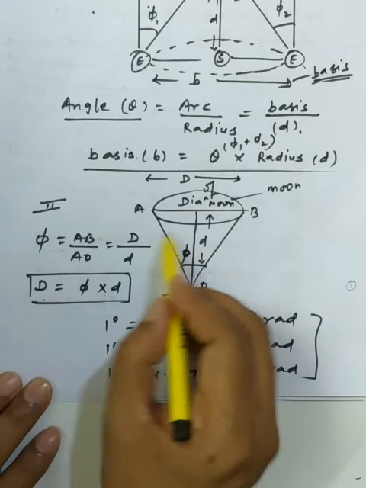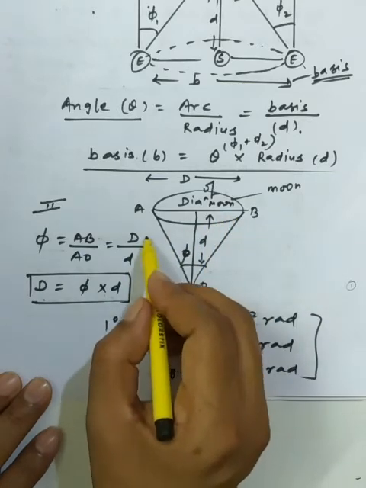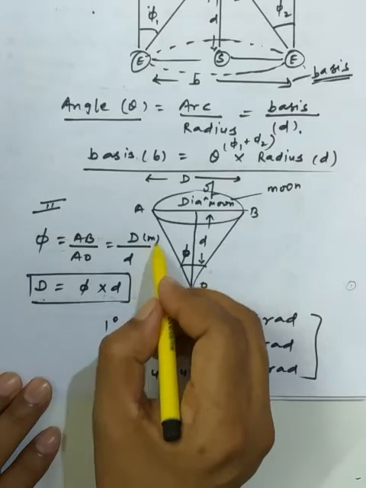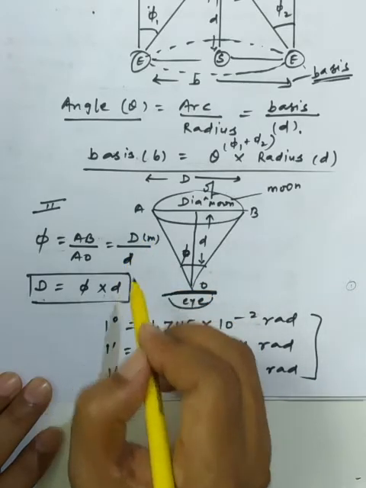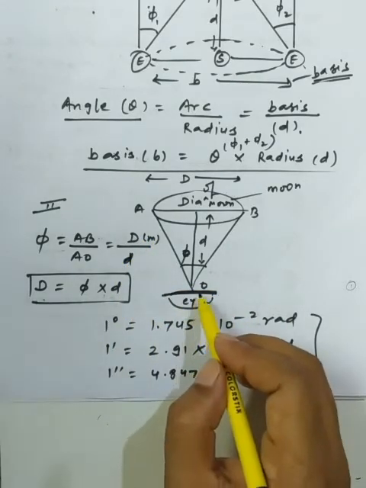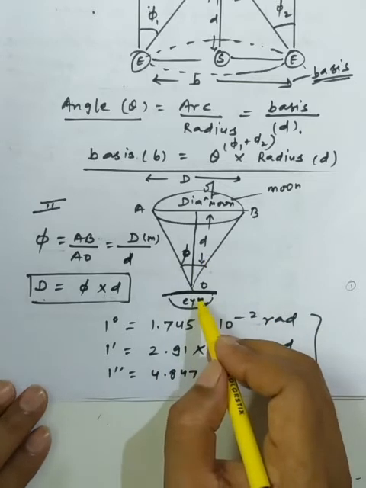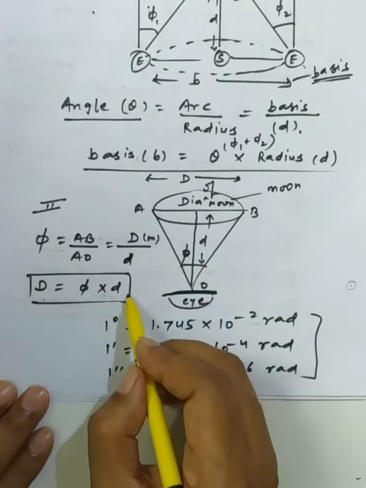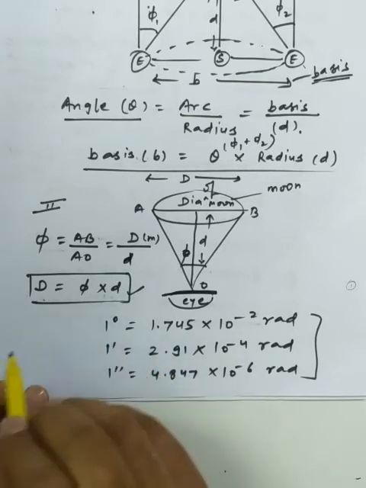So AB is the diameter, which is the basis. This is the diameter of the moon, and this is the linear distance between the two positions, the moon and the earth. Clear. So the standard value will be given, so easily we can calculate the diameter here.